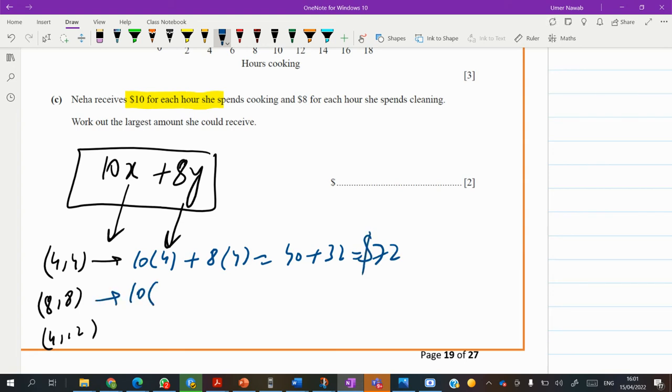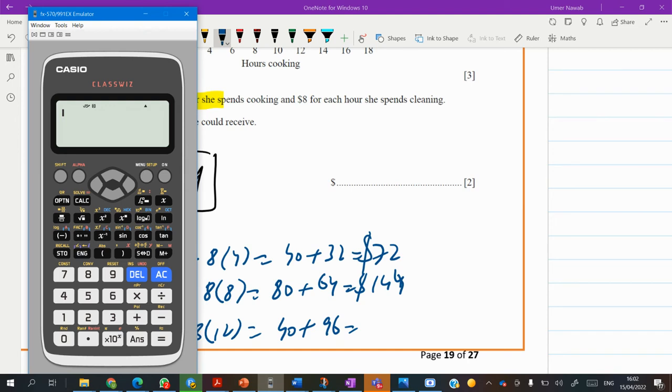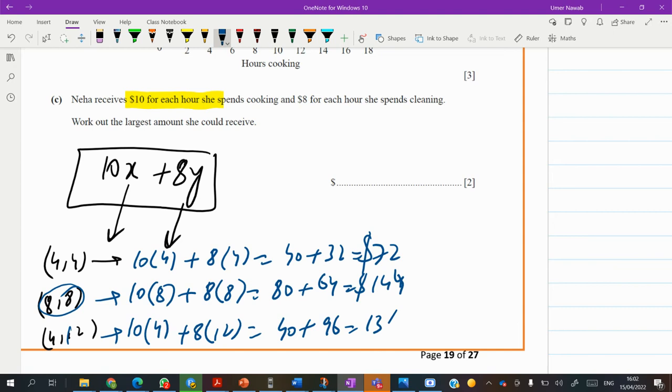But if it is (8, 8), so $144 she will receive if she goes for 8 hours cooking and 8 hours cleaning. And let's do (4, 12). 12 times 8 is 96. 96 plus 40, guys, it gives you $136.